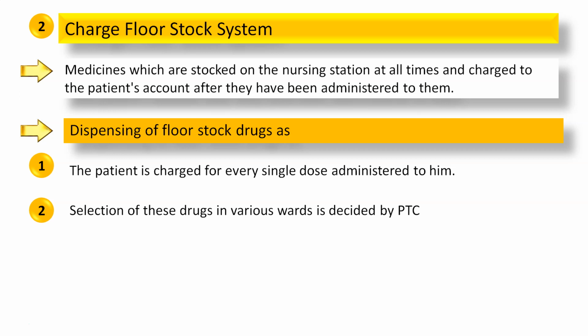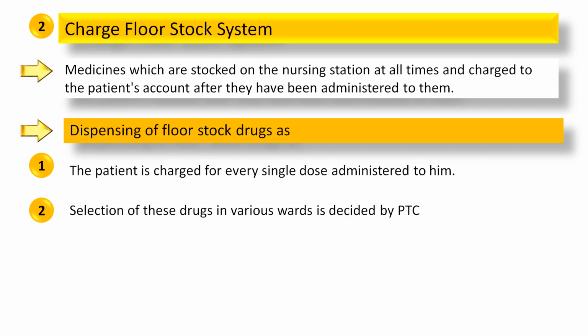Selection of these drugs in various wards is decided by the Pharmacy and Therapeutic Committee. So now we are understanding about the dispensing of floor stock drugs, how they are dispensed in the charged floor stock system. First, the patient is charged for every single dose which is administered to him.